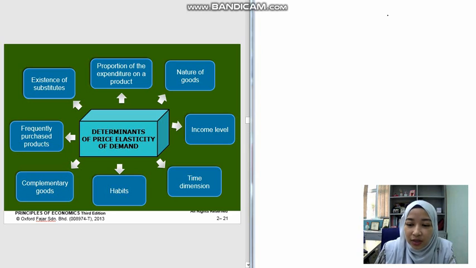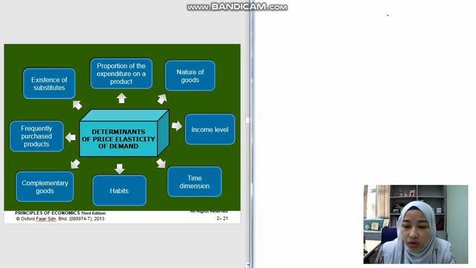They still need to buy cigarettes, and they still think that this kind of consumption is important to them. So even if the price increases, they still will buy the product. So the change in the price for this kind of products will not give too much impact on the purchase of the consumers. So usually for this consumption, the demand will be inelastic.